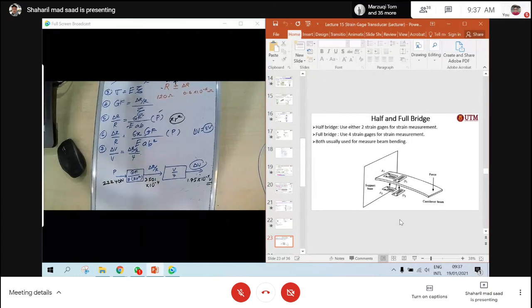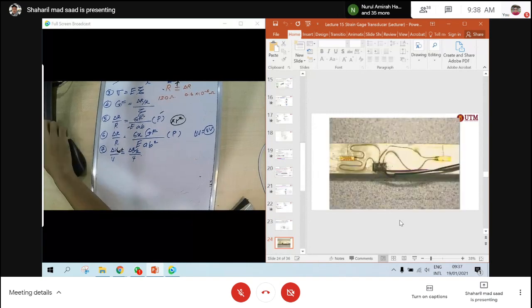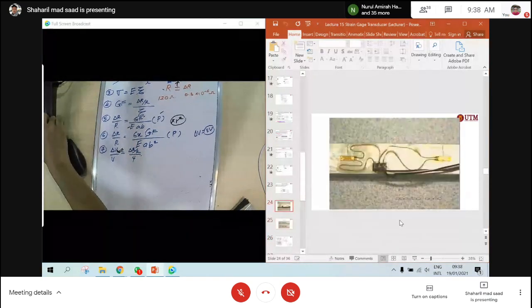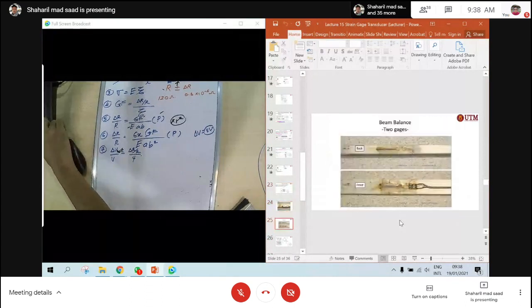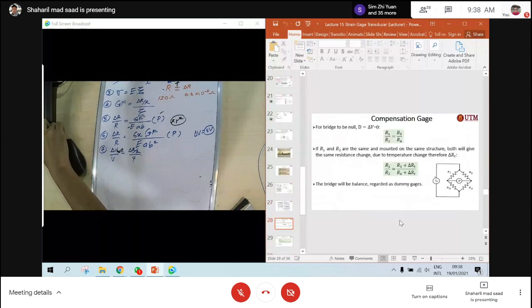Normally I like to put delta V here as half. So when you fully utilize the Wheatstone bridge, for example, you apply strain gauges at the top and at the bottom, and of course you can have the amplifier if you want.